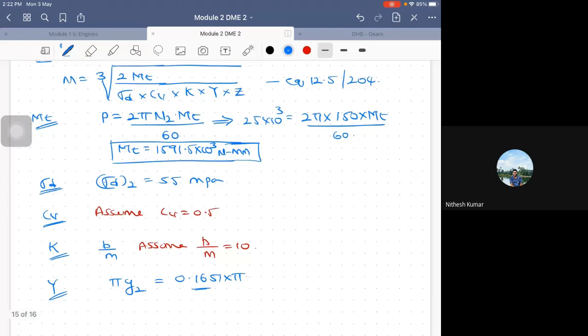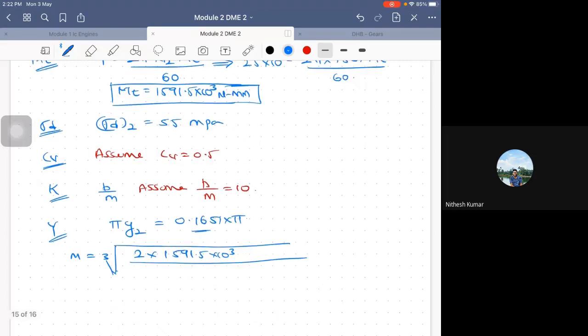Now you calculate the trial module first. Just substitute all the values in equation number 12.5 and give me the trial value of the module. So 2 times mt should be substituted in Newton mm: 1591.5 cross 10 to the power of 3. This whole divided by 55, which you have to substitute in MPa.